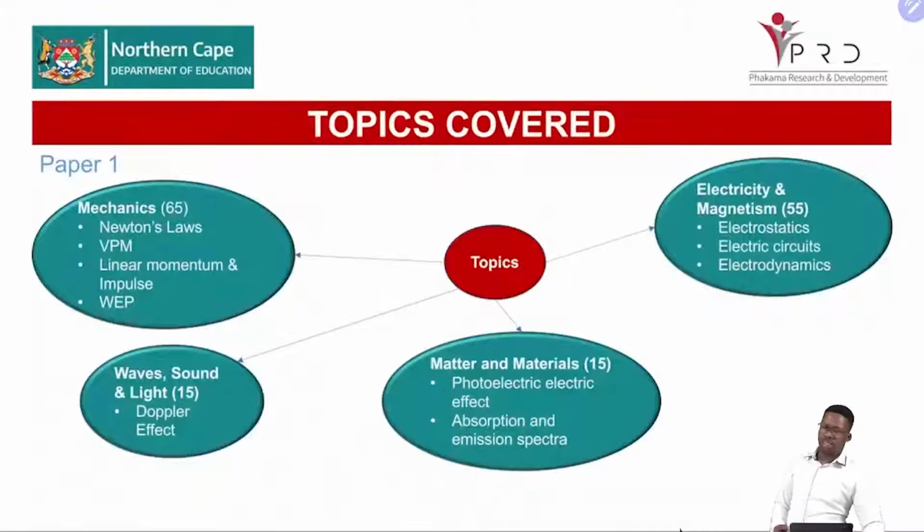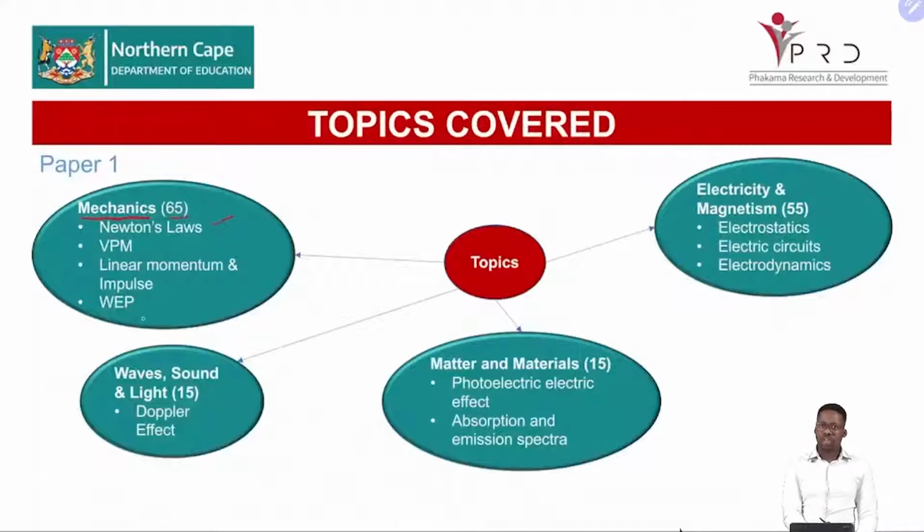Let's look at the topics. Now we look at these topics according to their knowledge areas for paper 1. So we'll look at mechanics, which will be an estimated mark allocation of 65. What we find under mechanics is your question 2, Newton's laws.